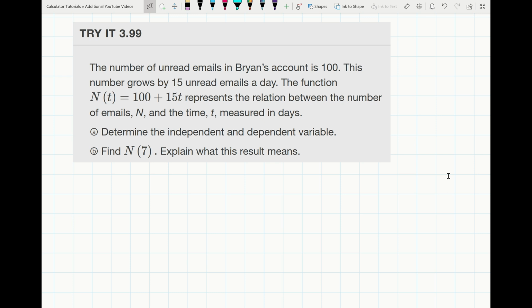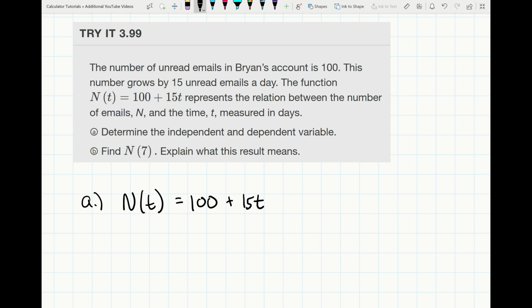Part A is determine the independent and dependent variables, and then we're going to go ahead and find n of 7 and explain what this result means. So let's go ahead first and just rewrite the function. All right, so we have n of t equals 100 plus 15t.